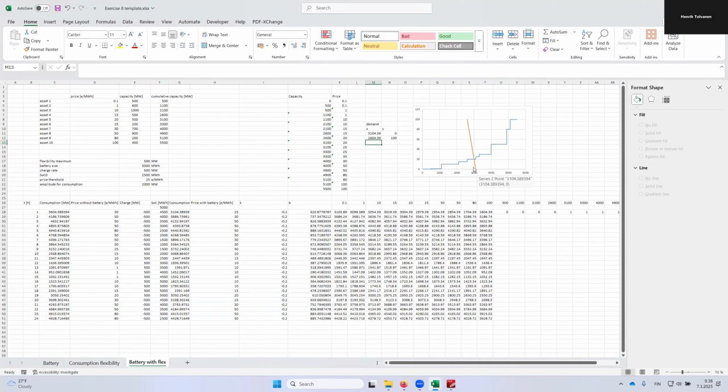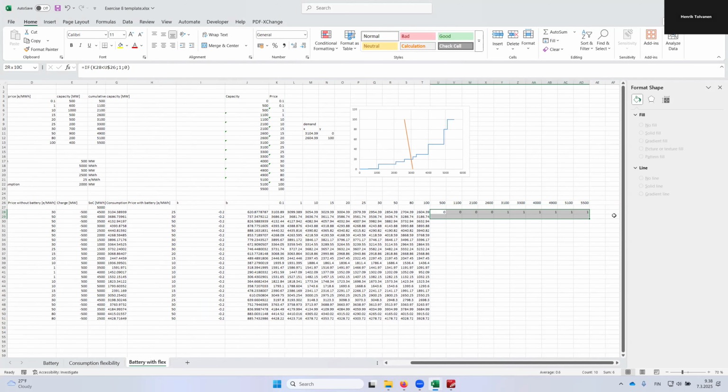There's 3,100. So this is going to be activated. It seems to be still seeing here in this one. Yeah, seems to be correct.